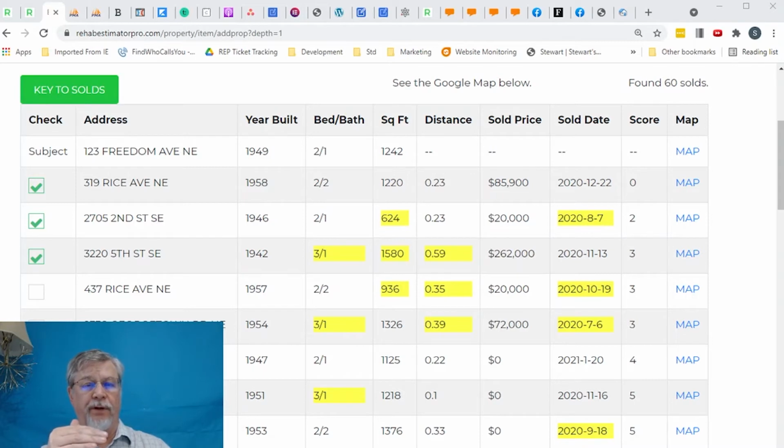An example is school district, because on this side you might have a really good school district, and on this side a really bad school district. Houses literally across the street from each other, built by the same builder at the same time with an identical floor plan, could be a $10,000, $20,000 difference. That's significant, and that's something you can't automate.